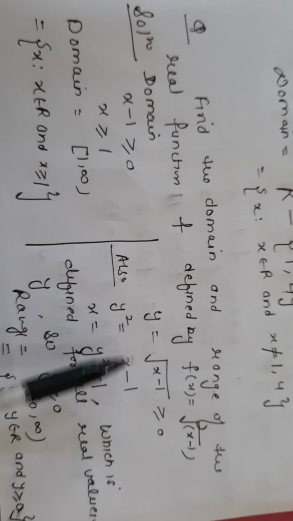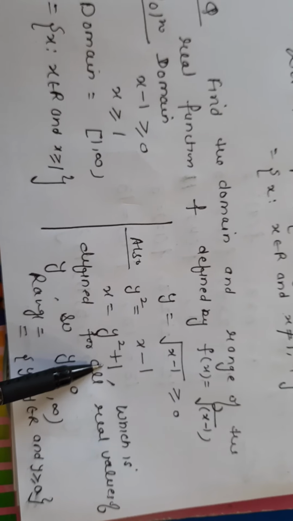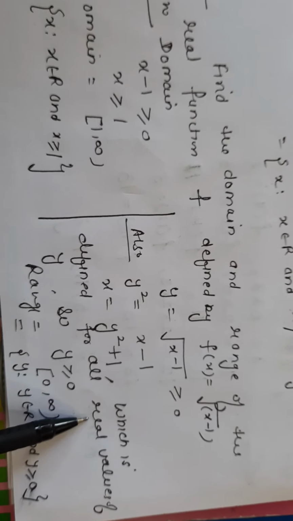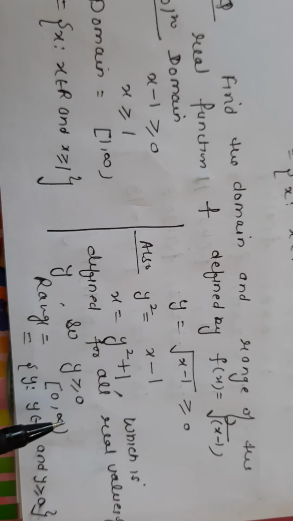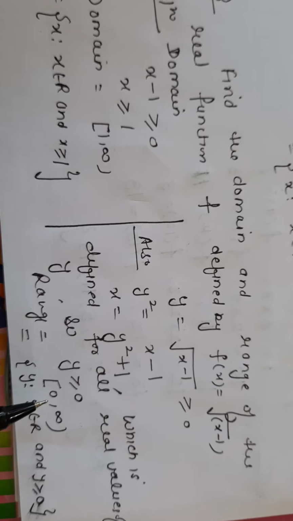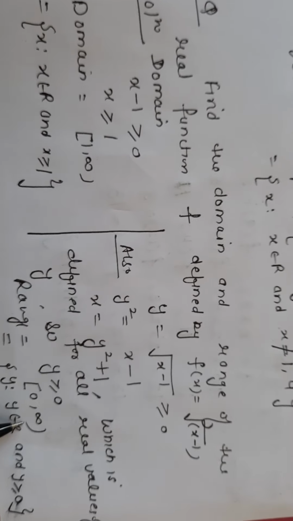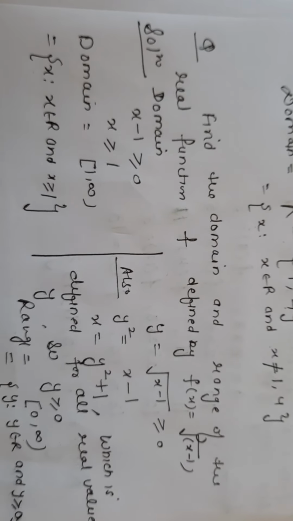Now you also write x in terms of y. You will get this equation. This is a polynomial function which is defined for all real values of y. But we already have y greater than or equal to 0. That means range is greater than or equal to 0, or 0 to infinity. Closed at 0, and we always have open bracket at infinity or minus infinity.